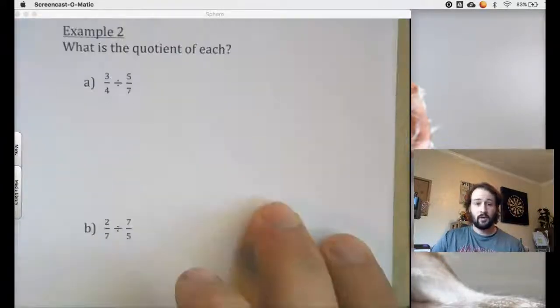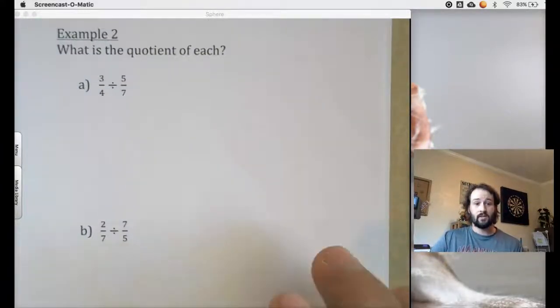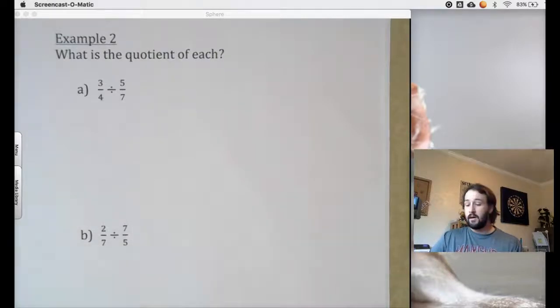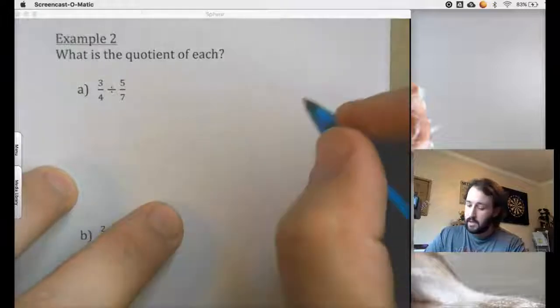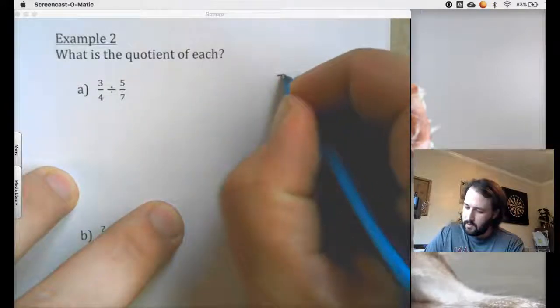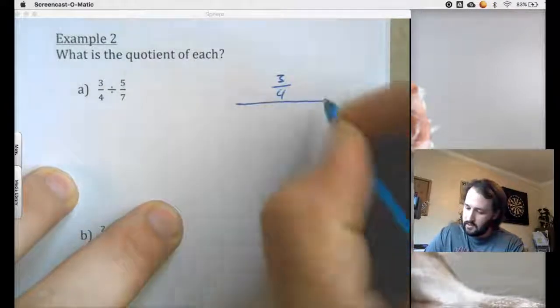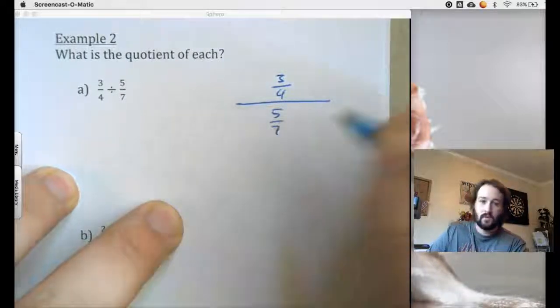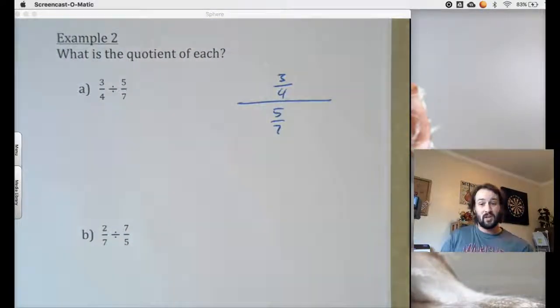All right, so now we're going to get into division of fractions or rational expressions. With division, let me rewrite this for you. I'm going to talk to you about a shortcut, but this is 3 over 4 divided by 5 over 7. That's super ugly.